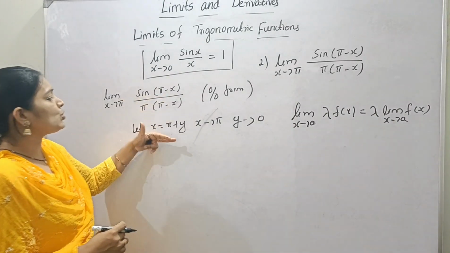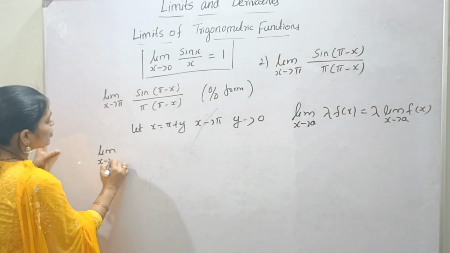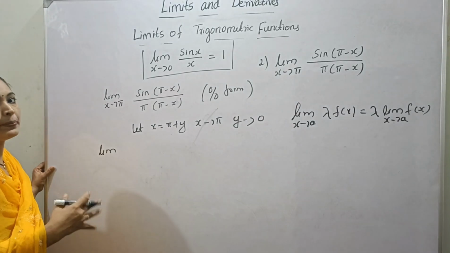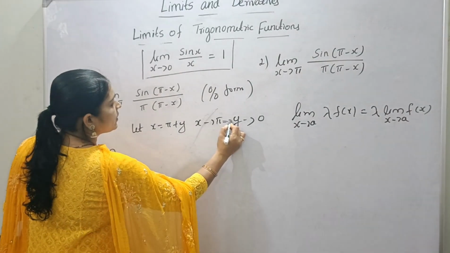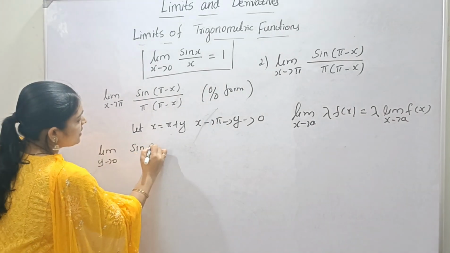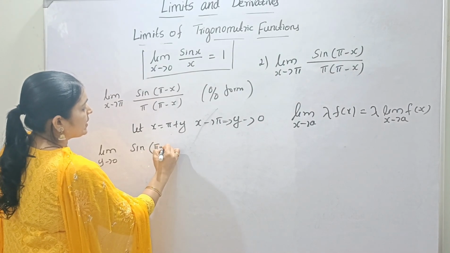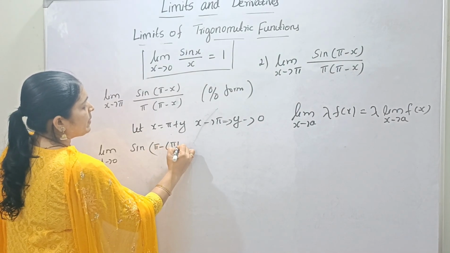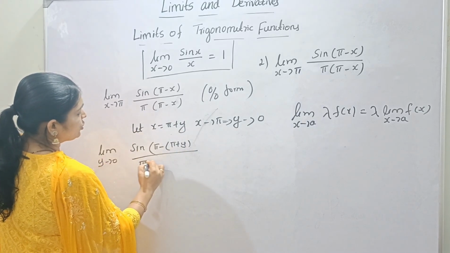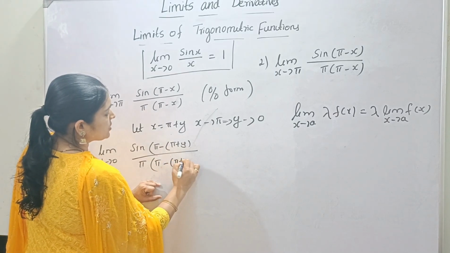Okay, now let us substitute these values here. It will become limit y tends to 0, since x tends to pi implies y tends to 0. Sine of pi minus x, and pi minus x is nothing but pi plus y, divided by pi into pi minus x, which is again pi plus y.